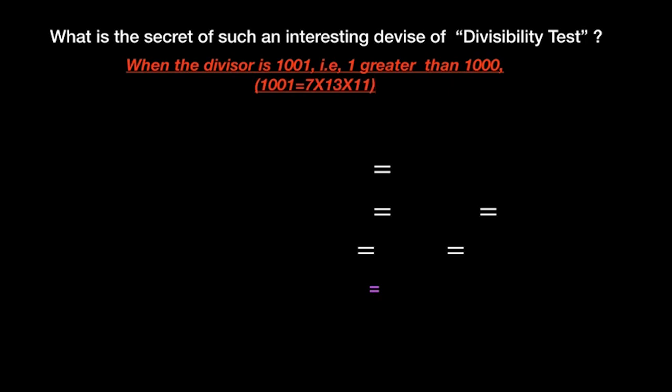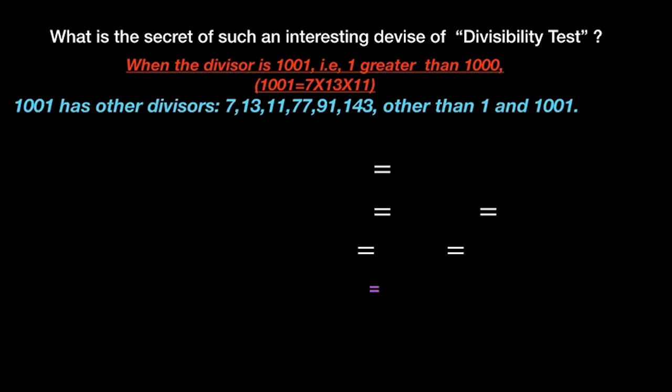By the divisibility of 1001, if a number is divisible by 1001, then what will happen? 1001 is 1 greater than 1000, so the test of divisibility will be the same way. Here 1001 is also equal to 7 into 13 into 11.